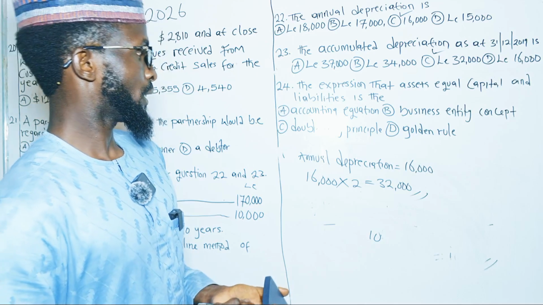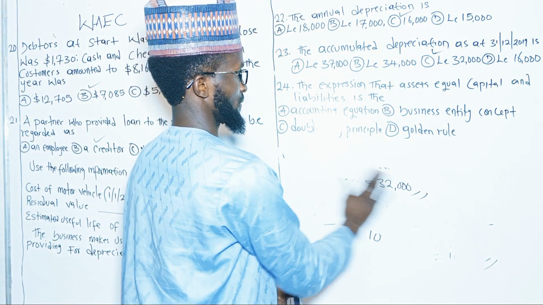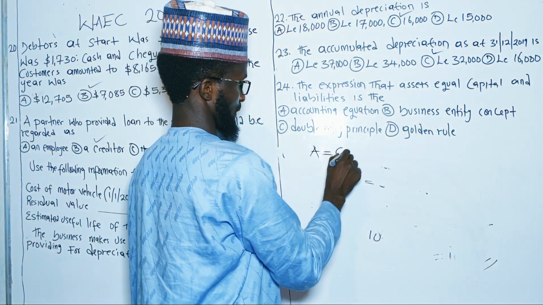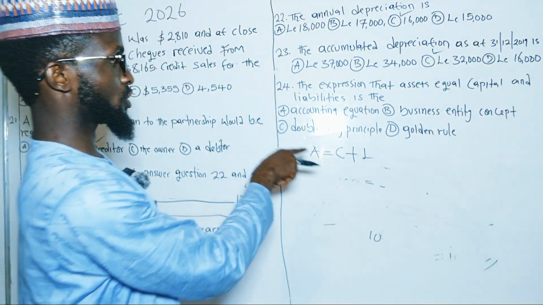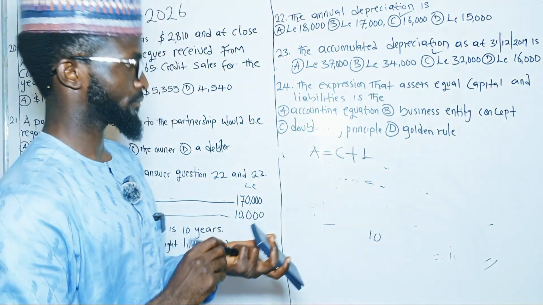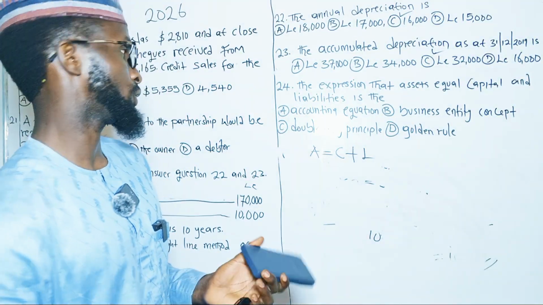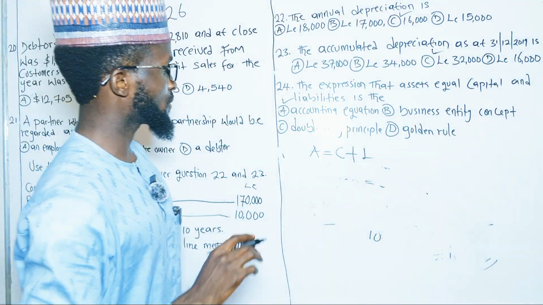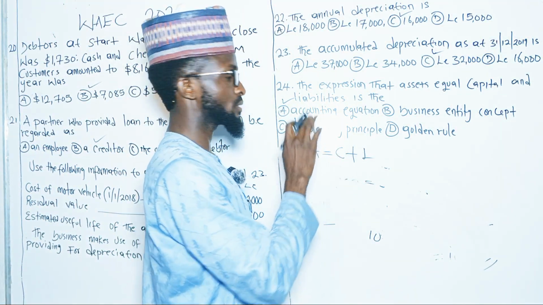So, asset equals to capital plus liability. The question is referring to this expression. This is what you call the accounting equation. According to accounting, your asset is equivalent to capital plus liability.